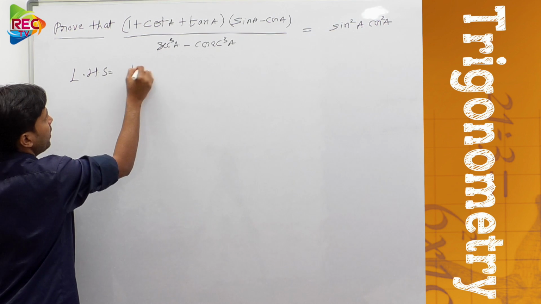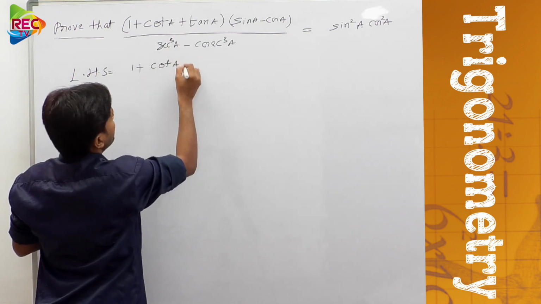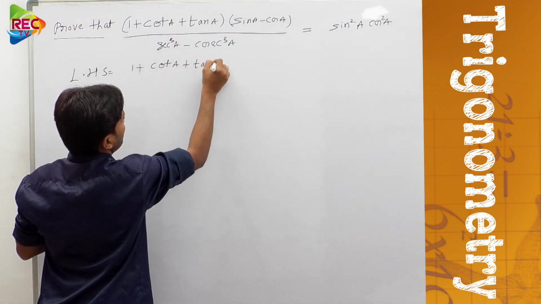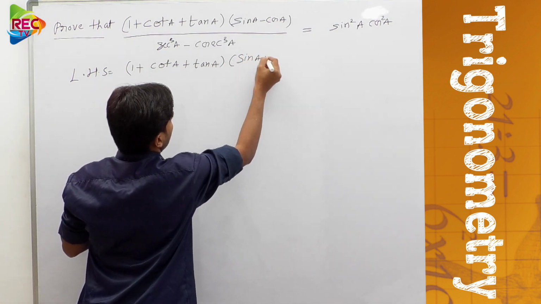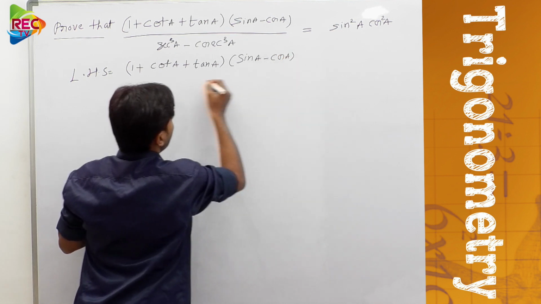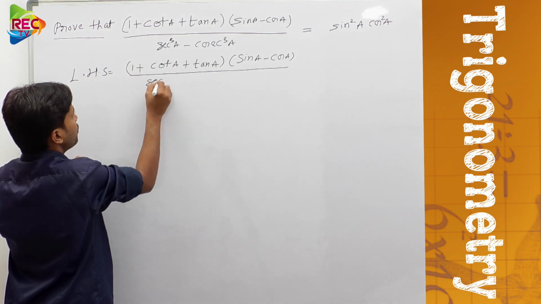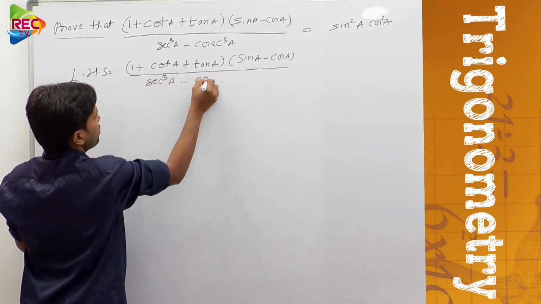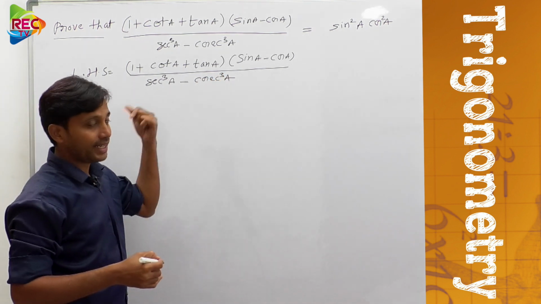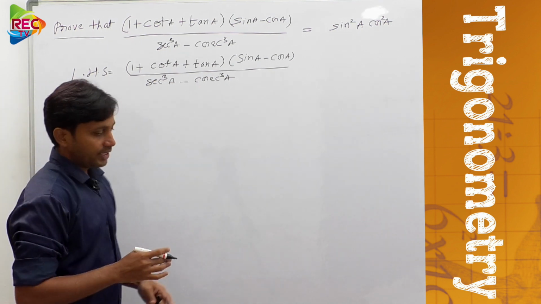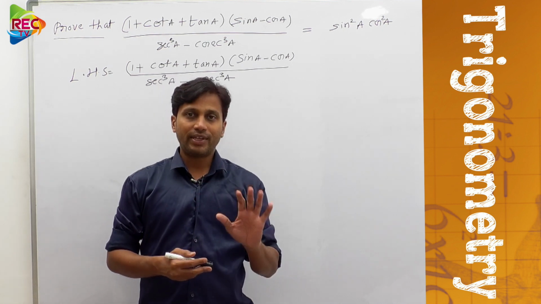LHS is 1 plus cot A plus tan A, into sin A minus cos A, upon secant cube A minus cosecant cube A. This is the given expression on the LHS. Now, this expression is looking very large, lengthy and clumsy.